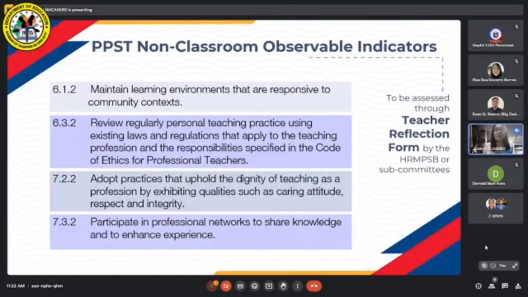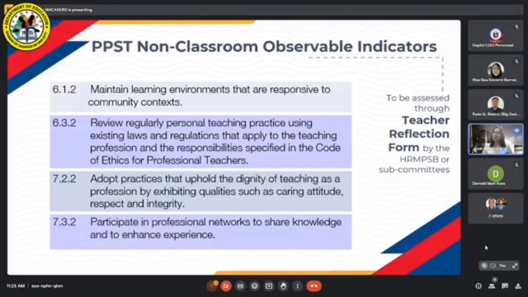So it is more on the environment of our learners, a learning environment that responds to the context of that particular area where you may be assigned. How are you going to maintain the learning environment? Second, review regularly personal teaching practice using existing laws and regulations that apply to the teaching profession and the responsibilities specified in the Code of Ethics for professional teachers.